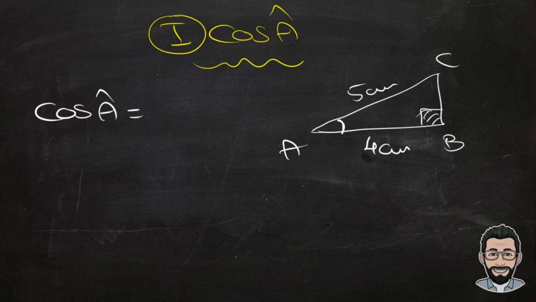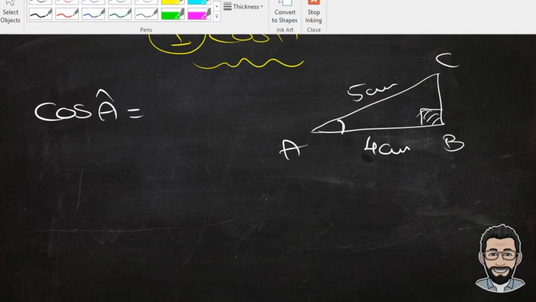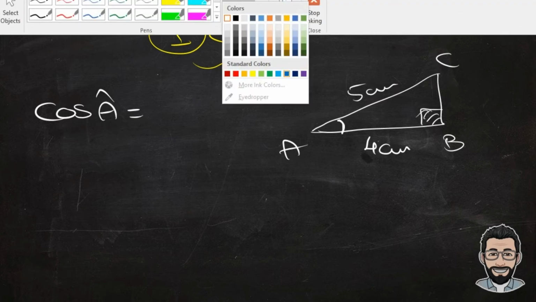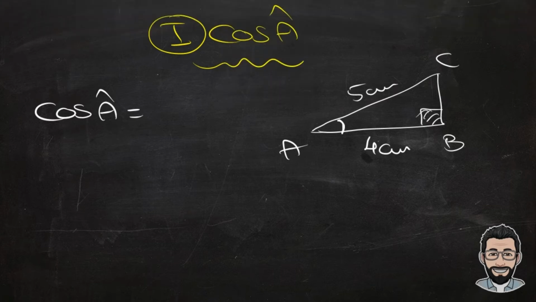What are you going to do? You're going to determine the letters. Firstly, you're going to write on these given sides their names. For example, here you're going to write A because this side is adjacent, or neighboring, to angle A, and this side is the longest, so it's called H. So cosine is A over H. You have to memorize this formula, so it means adjacent over hypotenuse.